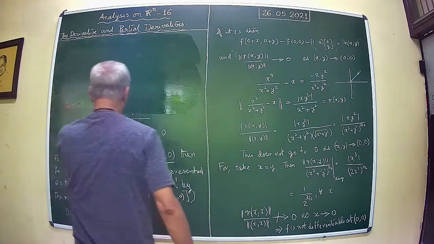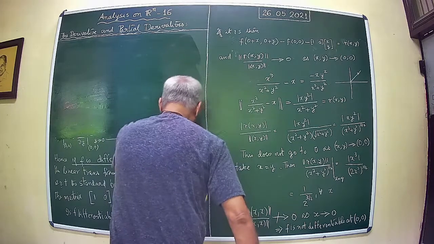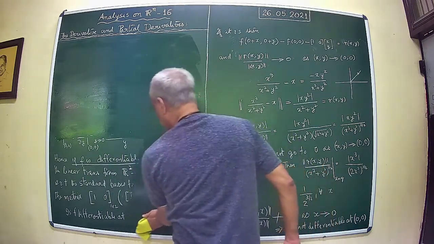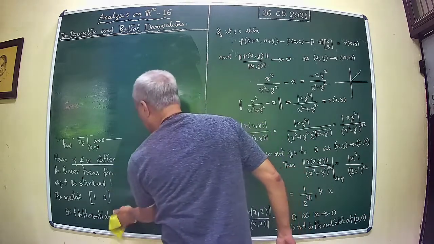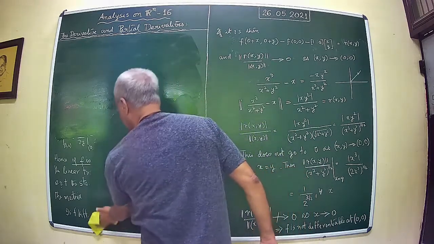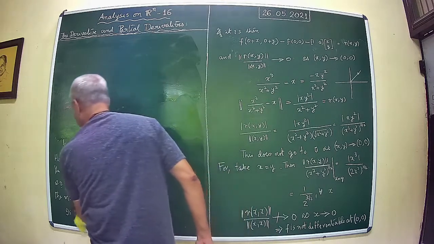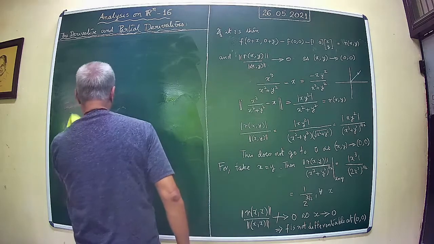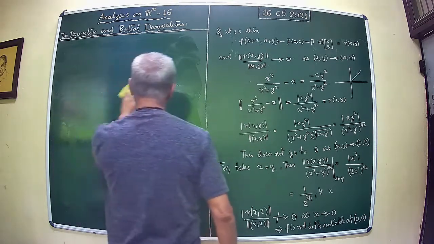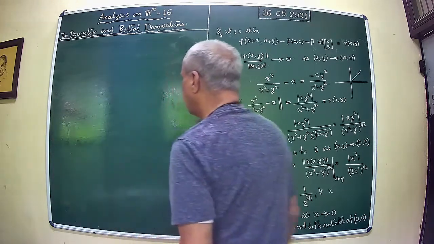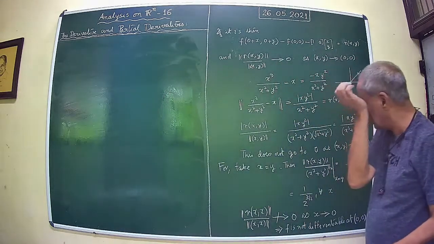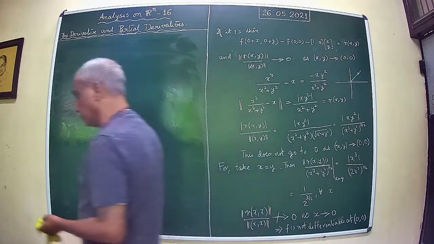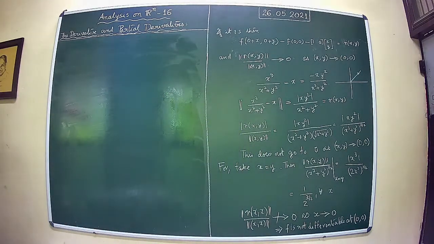Now we carry this out further and ask some more special cases. We prepare the ground, and eventually what we want to prove is this: if f on a particular open set E of Rn has its derivative 0 everywhere, then the function is a constant function.